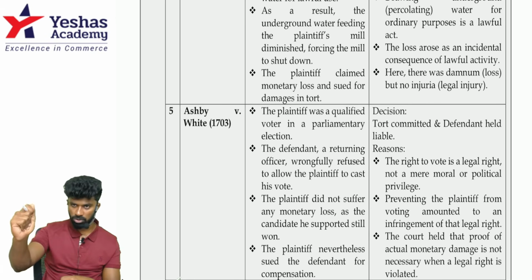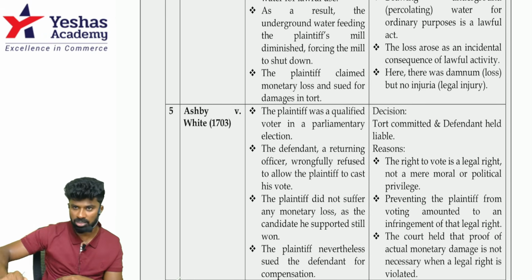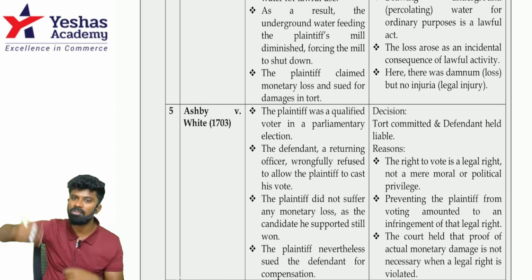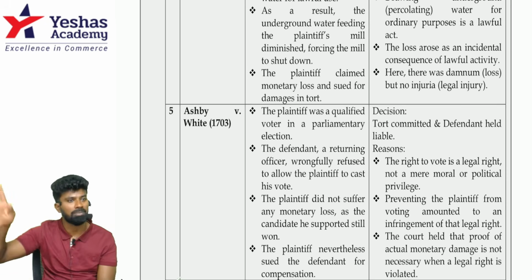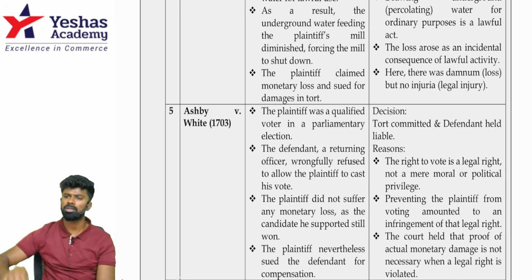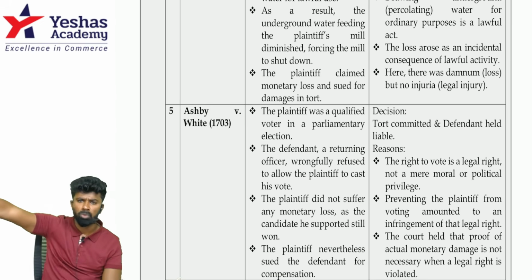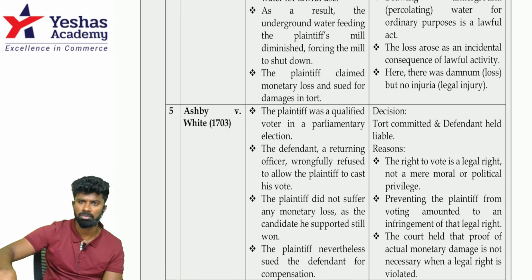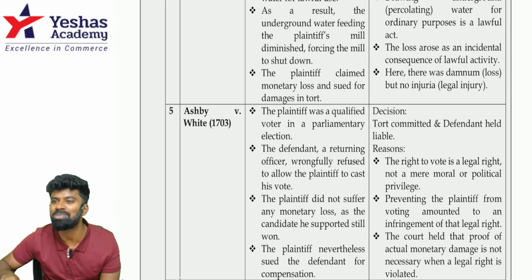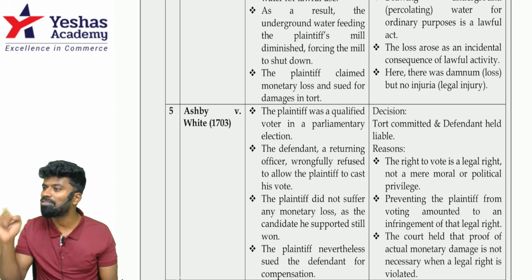Because you have a right to vote and somebody is infringing on that. And because of that, have you suffered any loss? No. The candidate whom you are supporting got elected, meaning he already won. You are supporting BJP. That candidate won with more votes, so even though you did not cast your vote, there is no loss suffered. But still, can you claim compensation? Yes, because there is a violation of right.